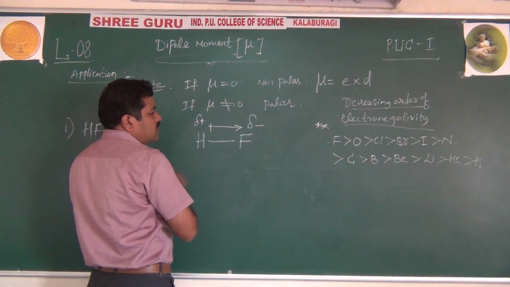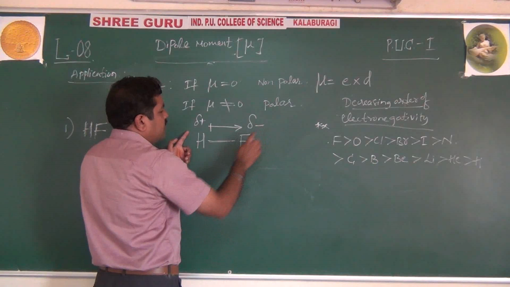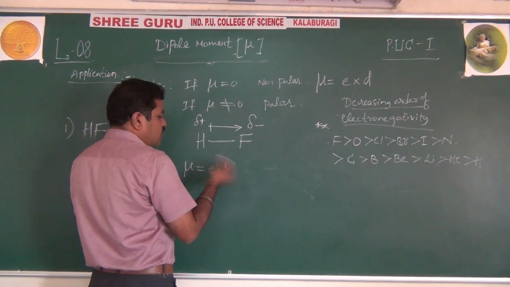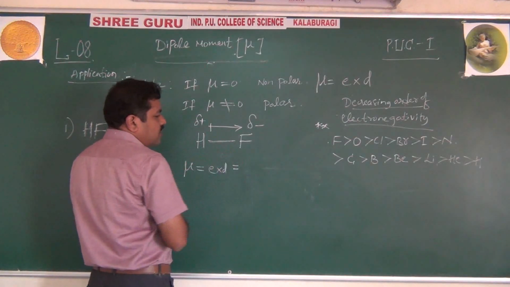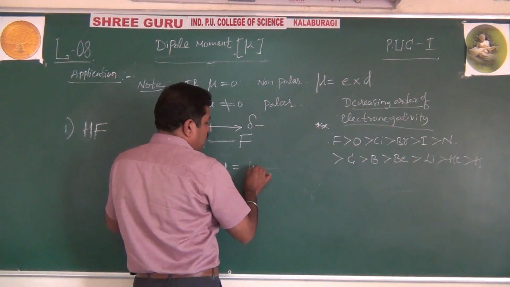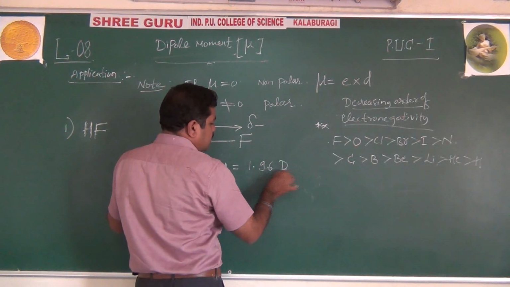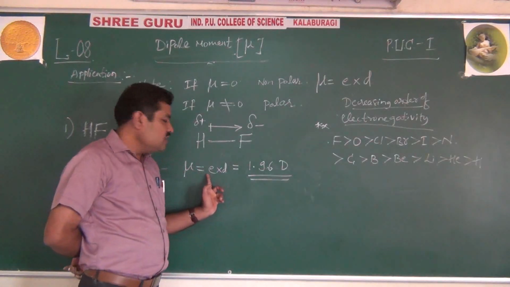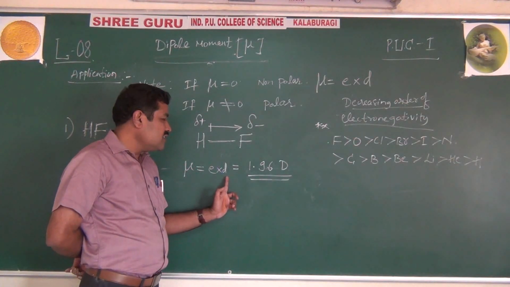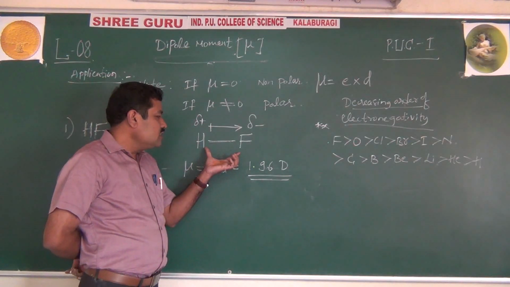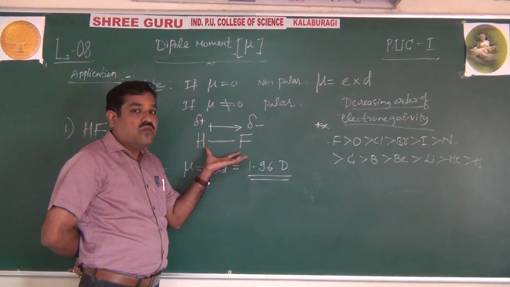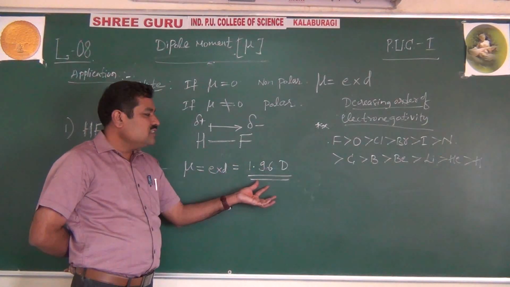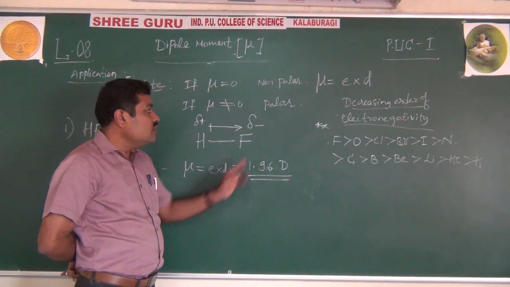Like this, the charge is separated, and the mu value upon multiplying e into d, or q into r, comes to around 1.91 Debye. How do you get this value? Multiplying the charge 1.602 into 10 raised to minus 19 coulombs and the distance between H and F, which is given experimentally as the bond length, will give you this. 1.91 Debye. See, mu is not equal to 0.